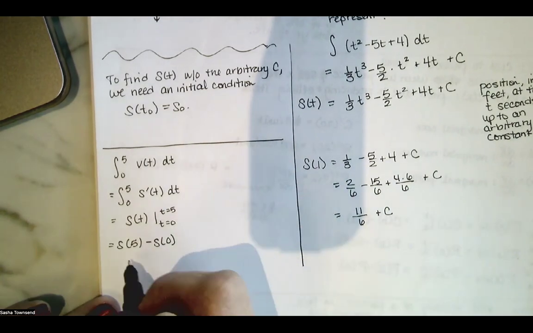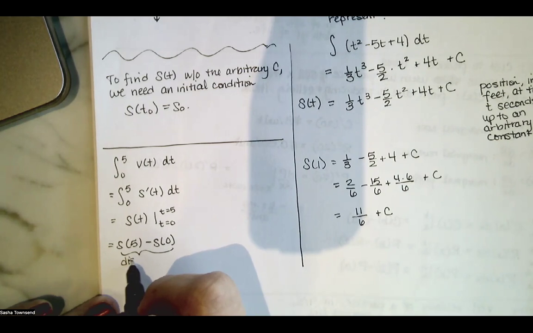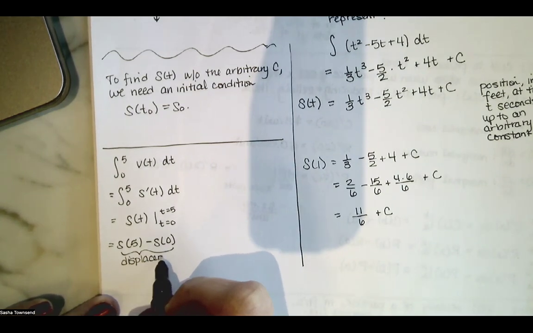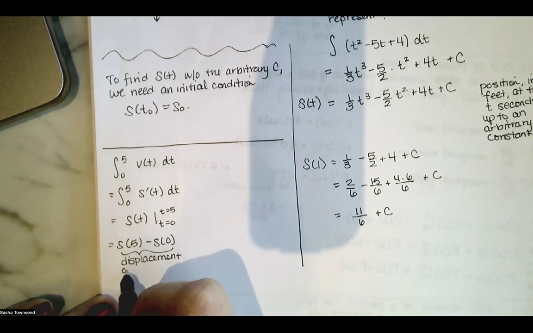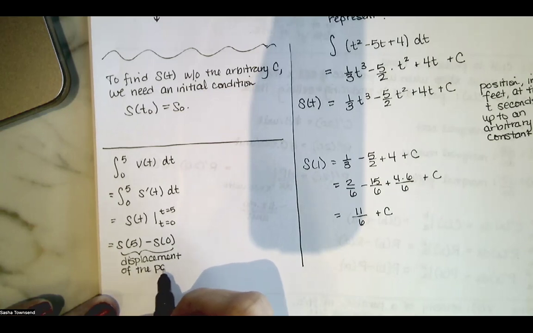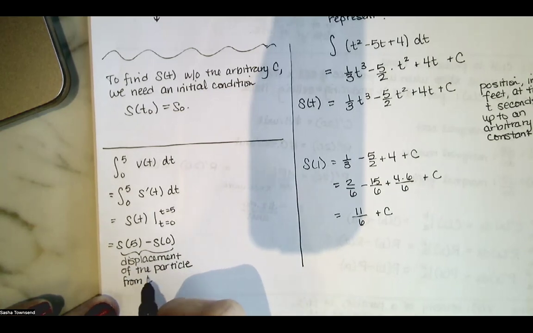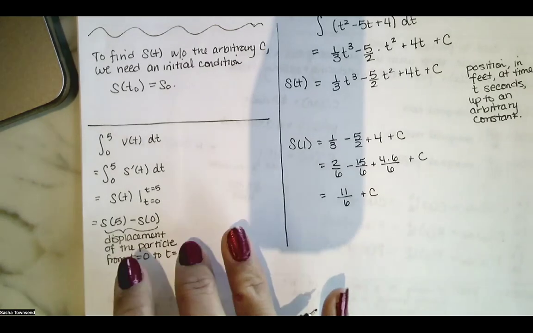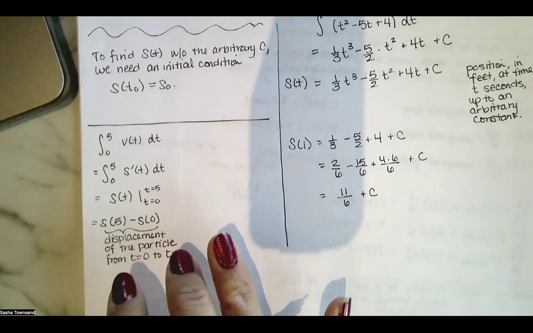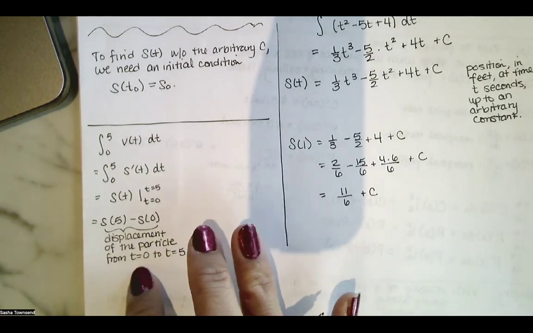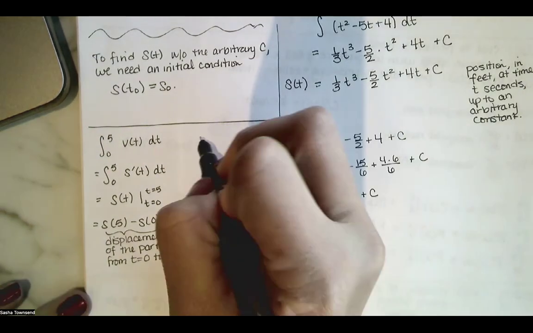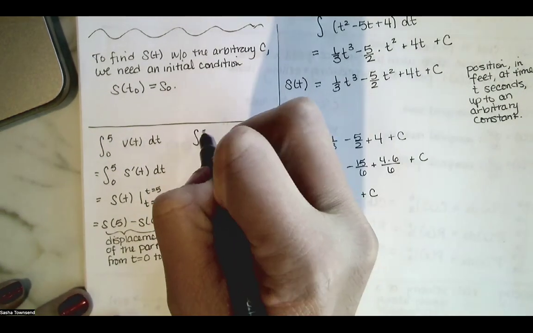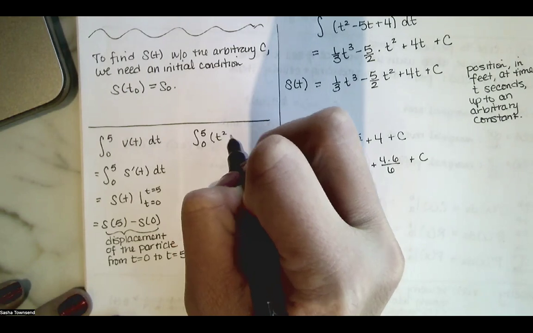And so what we get is the displacement of the particle from t equals 0 to t equals 5. So how much has our actual position changed, the change in position from t equals 0 to t equals 5? Well, if we want to evaluate that for a particular function, we can use the fundamental theorem.